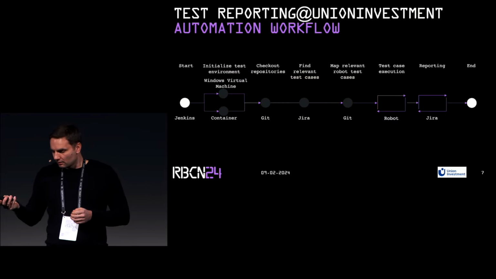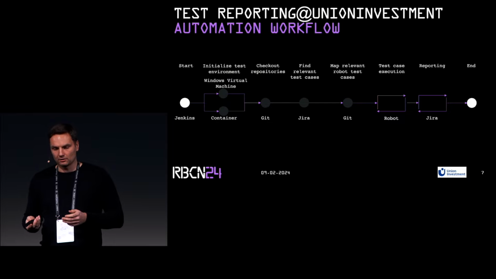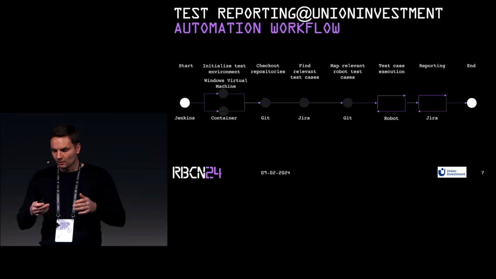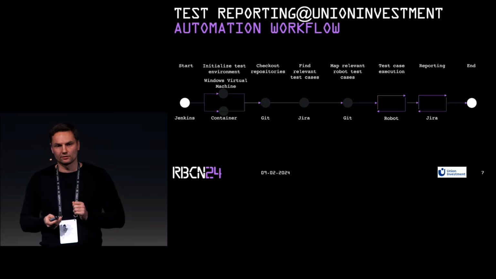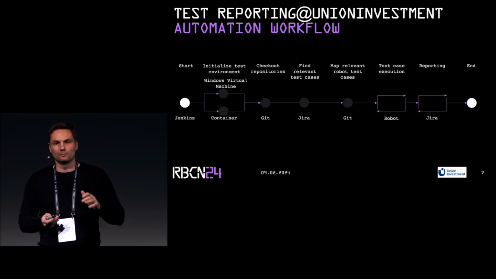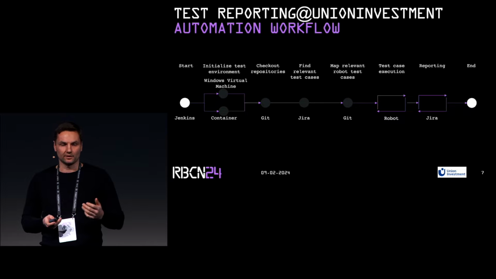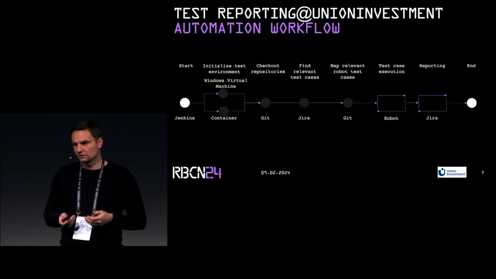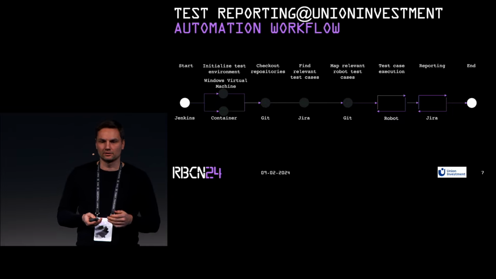Then we start them sequentially or even in parallel using pabot. We're waiting until the execution is done and then reporting everything to Jira. For every test case, we're creating a test run in Jira, and we need to upload the created files there.